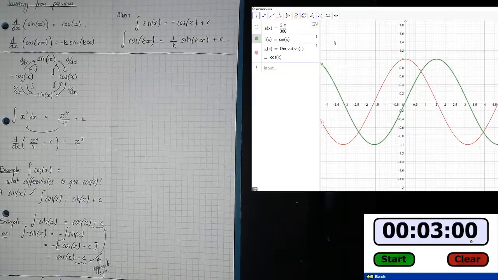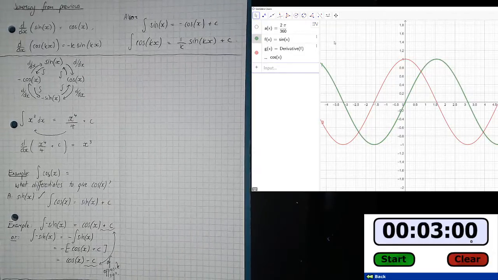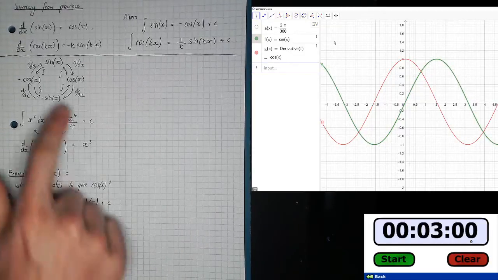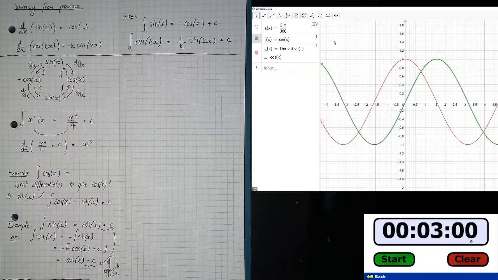If you want to, you could use differentiation from first principles to connect the two things together, which is quite a good exercise to try. But in order to do that, I think you'll need some angle formulae, which if you're in year 12 at least, you wouldn't have seen yet. And if you're in year 13, you should have seen. Okay?